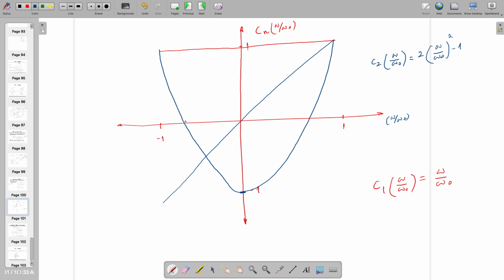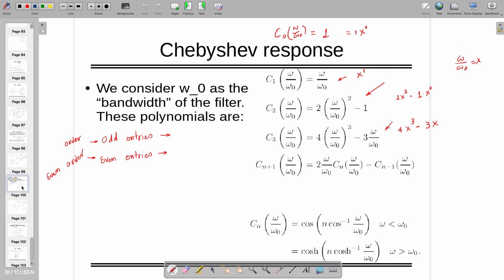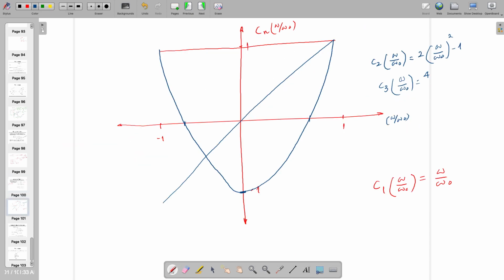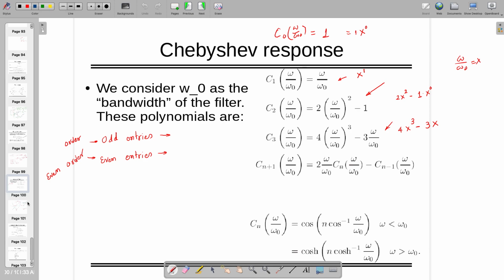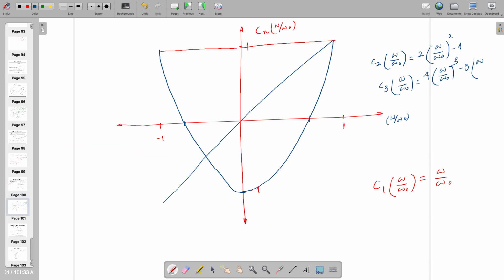We can find out these values also. It's not to scale, but that is not so important, because the first and last values are more important. Now, what is happening? It is 4 omega by omega naught cube minus 3 omega by omega naught.